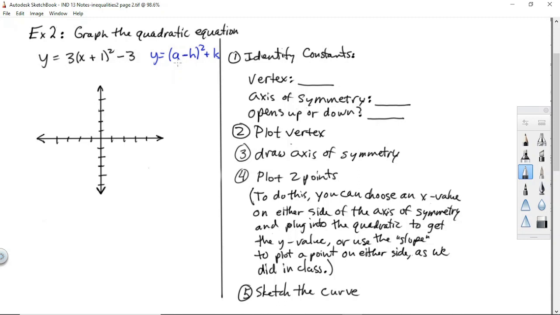Well, again, the vertex form says a minus h. That's not right. x minus h. Sorry about that. Should have caught that. Got to put the a out front. Not paying enough attention. Sorry. a goes out front, x minus h.